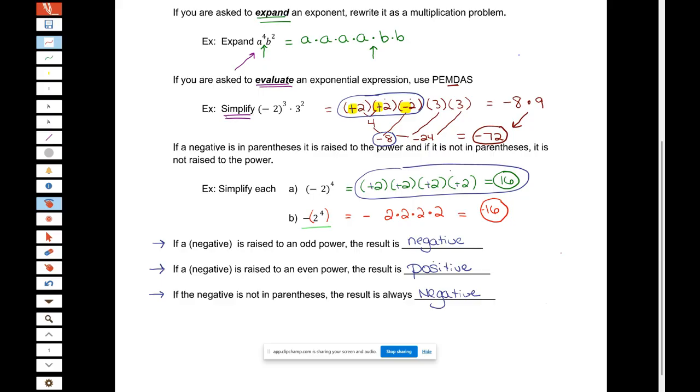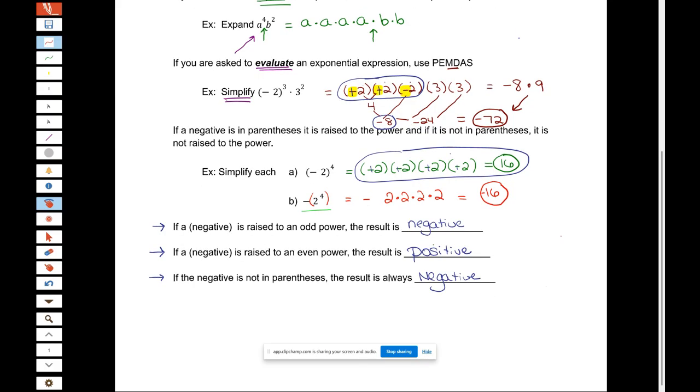So that is fixed now. Negative 2 times 2 times 2 times 2, which is negative 16. So that is what we have discovered and worked on today with our first definition of an exponent. We will start on our laws of exponents in the next lesson with the product and quotient of powers.